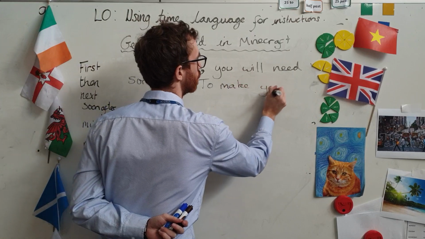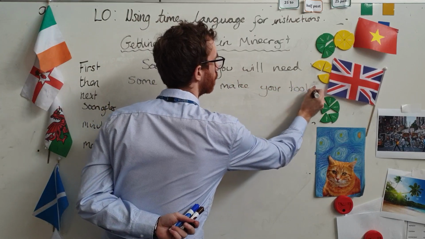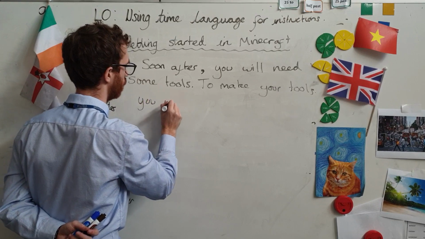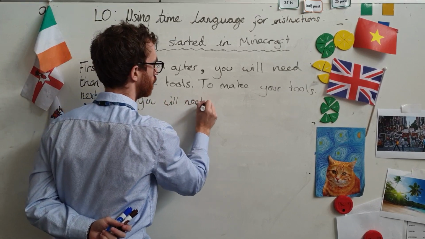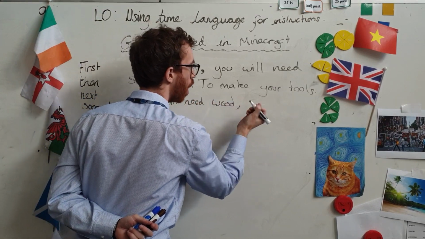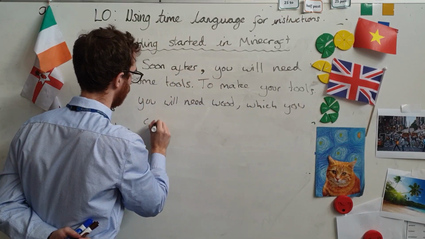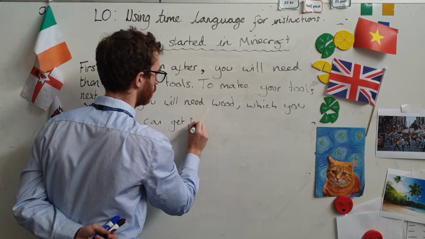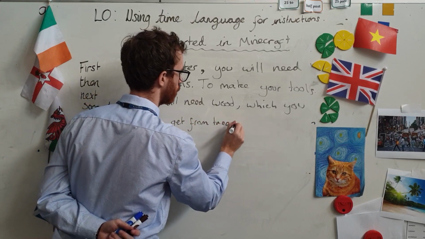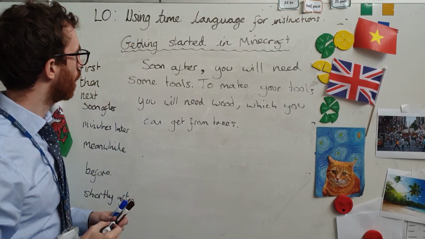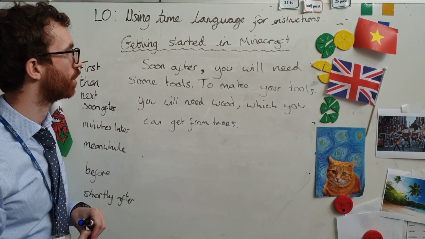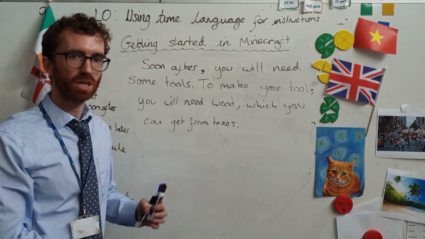To make your tools, you will need wood, comma, which you can get from trees. Soon after, you will need some tools. To make your tools, you will need wood. That's a main clause.